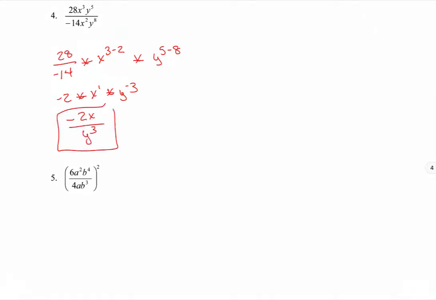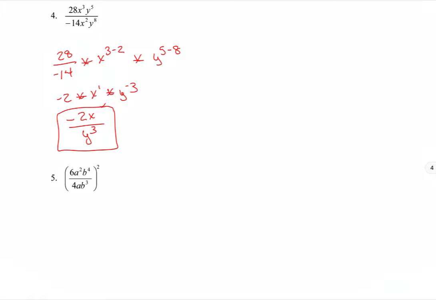That is my answer. -2 is a number. It is not, the negative is not on the exponent. So I leave the -2 alone.